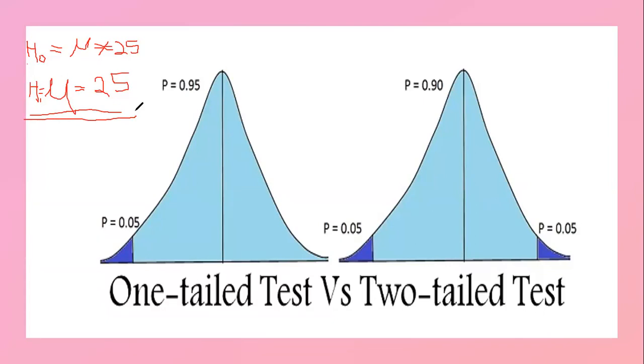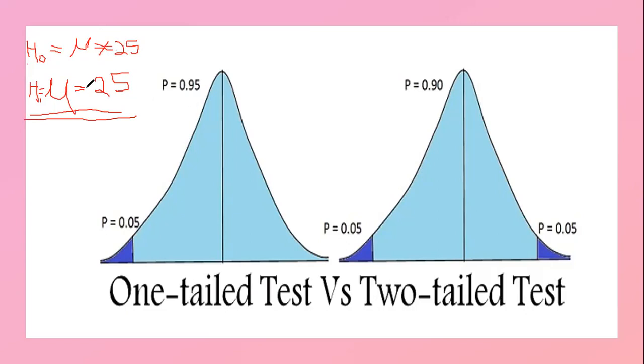Therefore, we are rejecting the null hypothesis and accepting the alternative hypothesis, and it concludes that the average score obtained by the students is equal to 25. So that is the way of writing the interpretation for a hypothesis. When you look at the hypothesis, it says equal to 25 and not equal to 25.